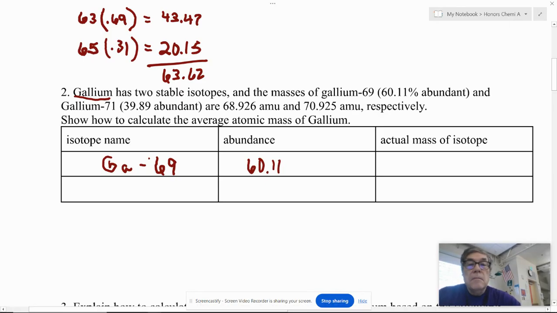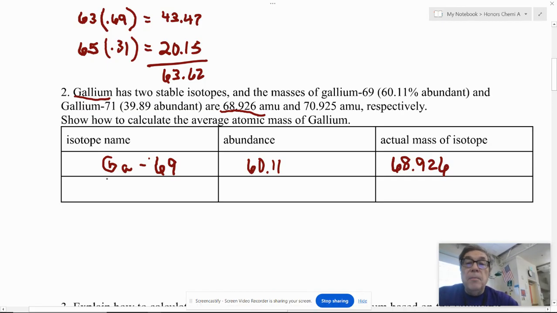And the actual mass of this isotope, if you're being really precise in your measurement, is actually not quite 69, it's 68.926. So we're just being really precise with our instrumentation here.